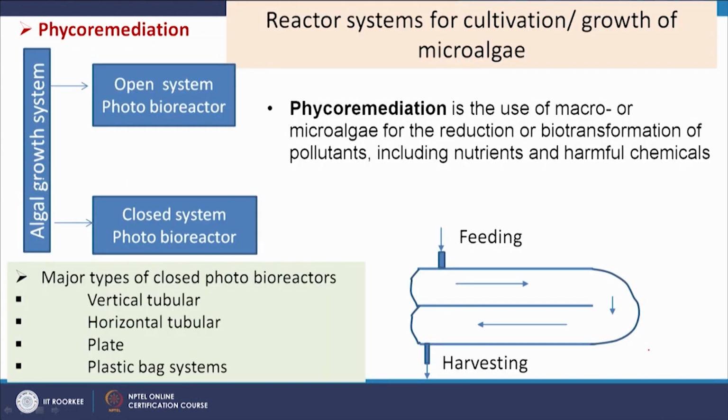Now, we will discuss phycoremediation. In phycoremediation, algae are used for the removal of pollutants. Algae are autotrophic, and some algae are heterotrophic: in presence of sunlight some algae produce food, but in absence of sunlight they use organic carbon also.